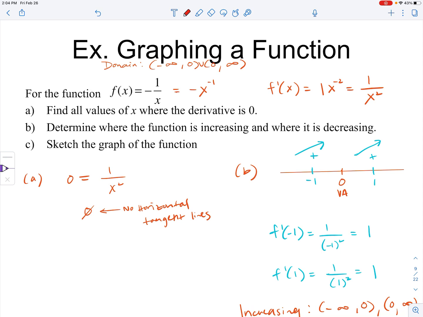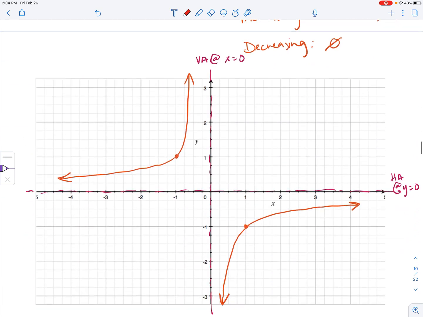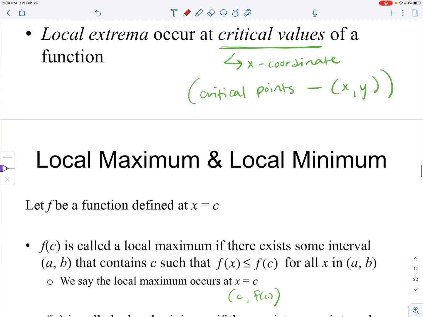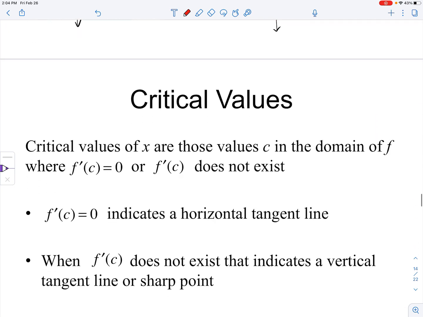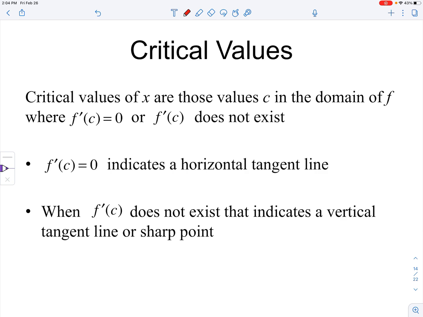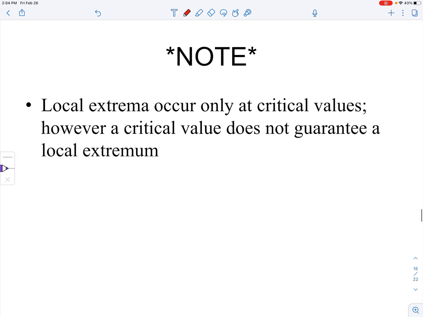The derivative would have been undefined there. However, 0 wasn't in the domain of the function negative 1 over x. Therefore, 0 was not a critical value, and therefore was not a potential local max or local min.